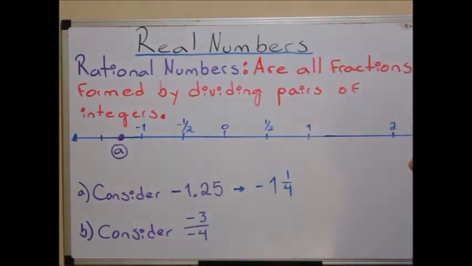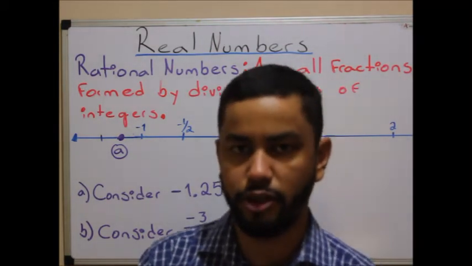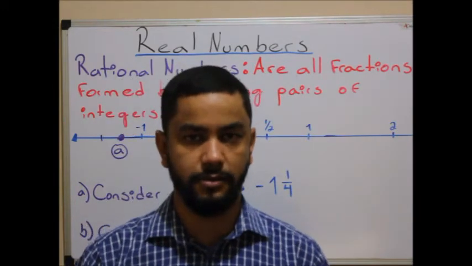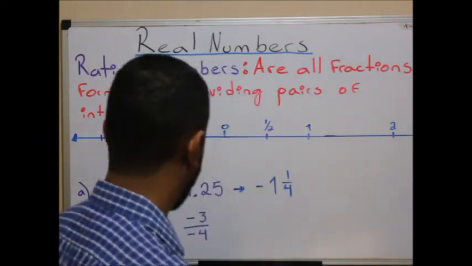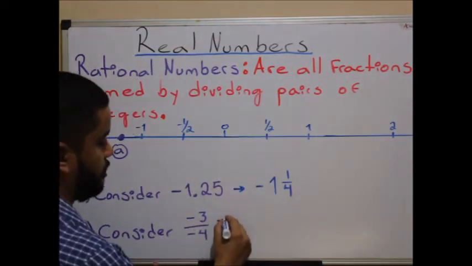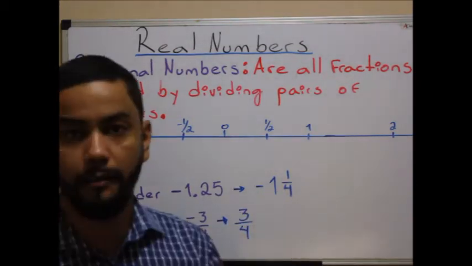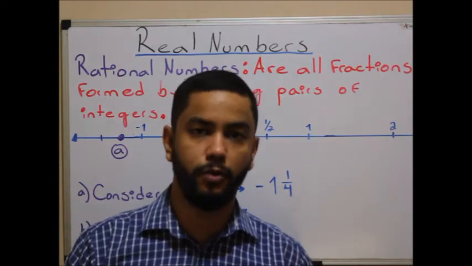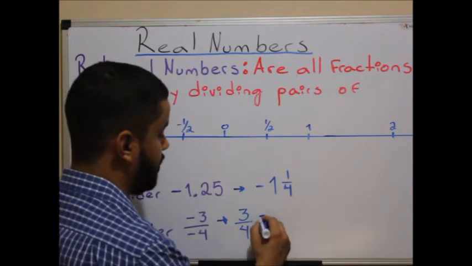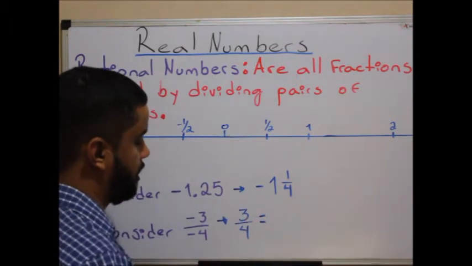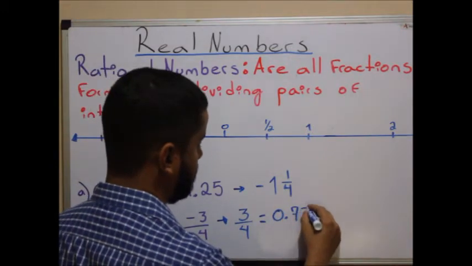Now let's see that one. Consider -3 over -4. We have a division of same signs. Both are negative, so we change into a positive. Instead of that double negative sign, we can just have 3 over 4. But instead of 3 over 4, we can also have the decimal form. Dividing 3 by 4 gives 0.75.